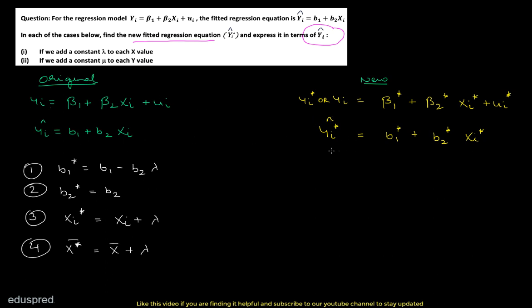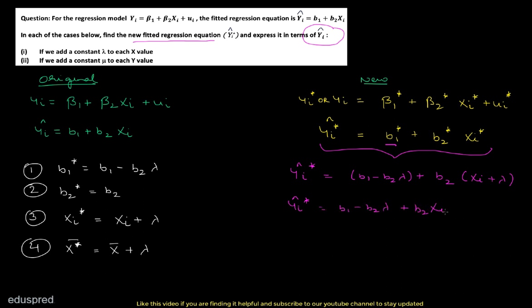And now this is a very simple thing. So this is what your yi star hat is. We can write that yi hat star is equal to b1 star. Instead of b1 star, we can write b1 minus b2 lambda plus, instead of b2 star, I can just write b2. Instead of xi star, we can write xi plus lambda, and this becomes b1 minus b2 lambda plus b2 xi plus b2 lambda.